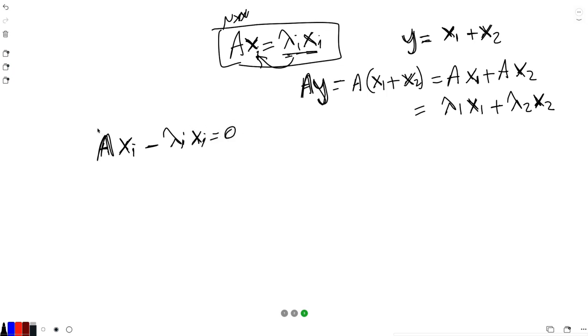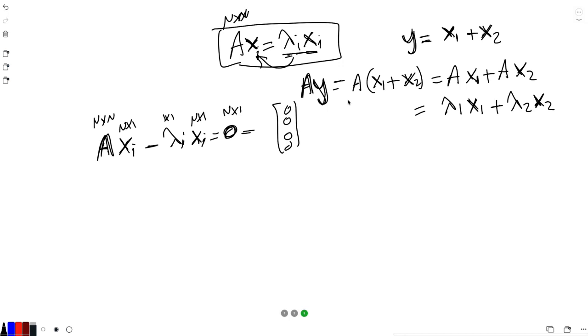Remember, A is n by n, xi is n by 1, lambda is a scalar 1 by 1, and this 0 will be n by 1. It means that it is a vector with all 0 elements, where we have n zero elements.